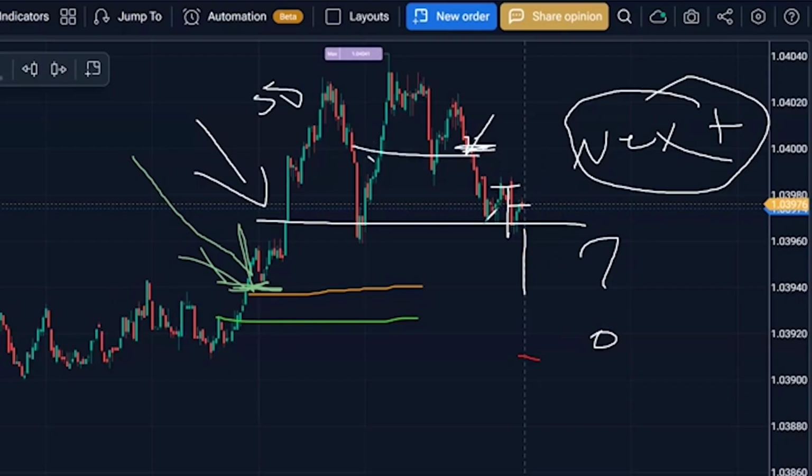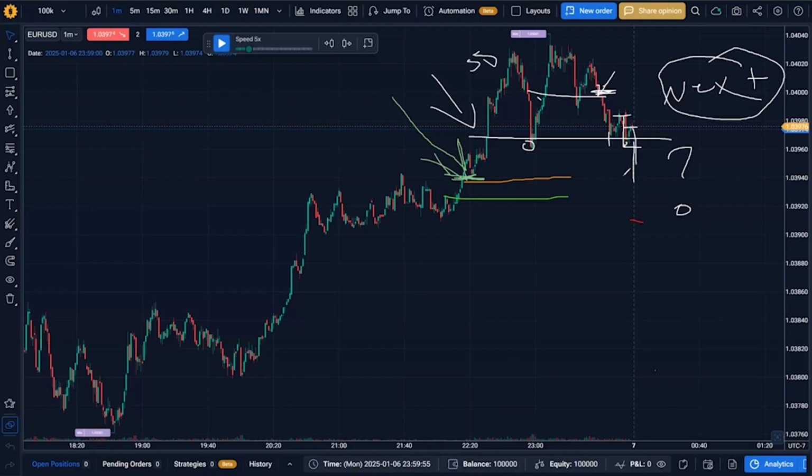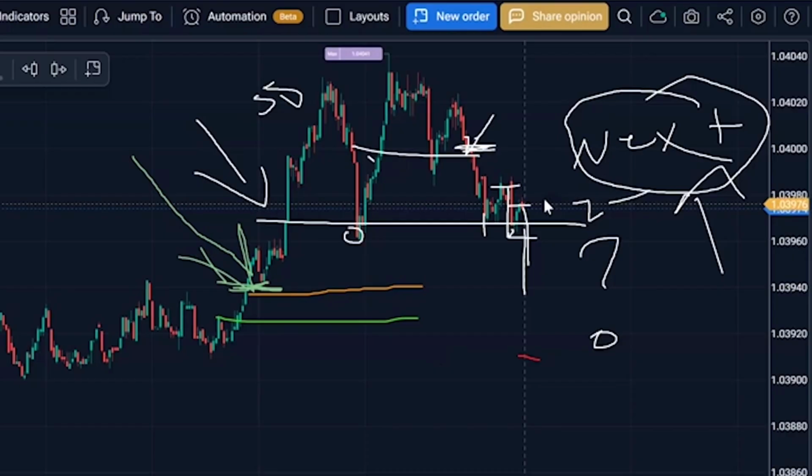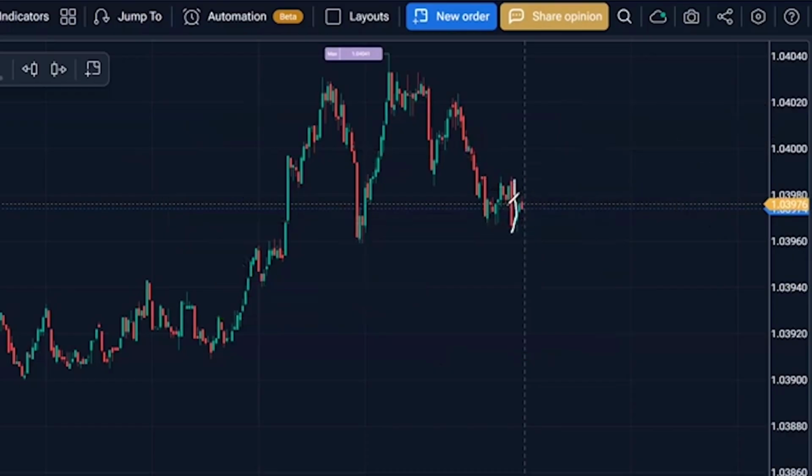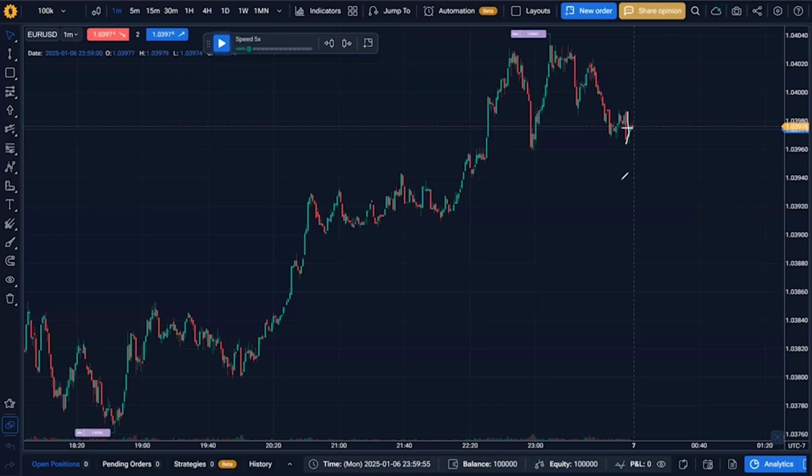And that's probably what it's going to do when you have a 0, 1, 2 with an M. Most likely it's going to make this the 50, but that's the next move, not the last move. So the last move was here. It came to the 50. It completed that move. So now as a trader, we're like, well, what's the next move?